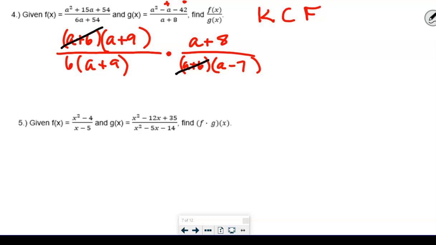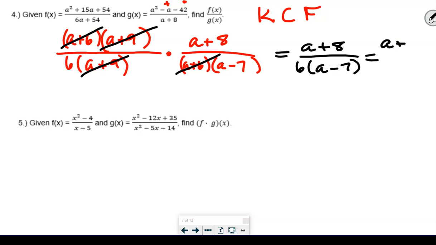So we've got a plus 6 and a plus 6, and a plus 9 and a plus 9. So what are we left with? We're left with the a plus 8 in the numerator, and we're left with 6 times a minus 7. Now here again, the answer could also be a plus 8 over 6a minus 42. Same answers, y'all. It's just what is occurring here.